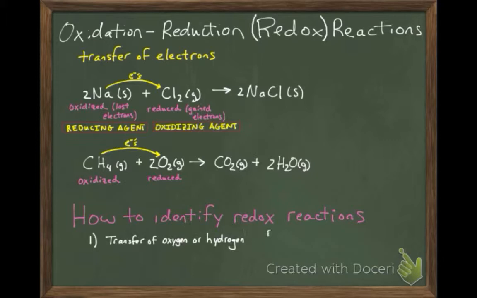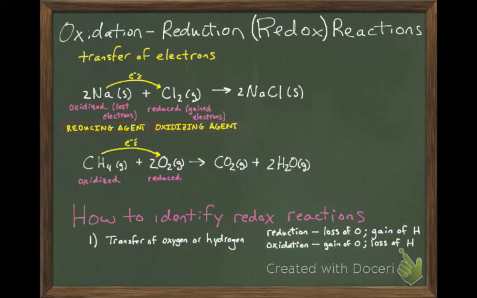Specifically, reduction is characterized by a loss of oxygen around an element or a gain of hydrogen. And oxidation refers to the exact opposite, a gain of oxygen or a loss of hydrogen.